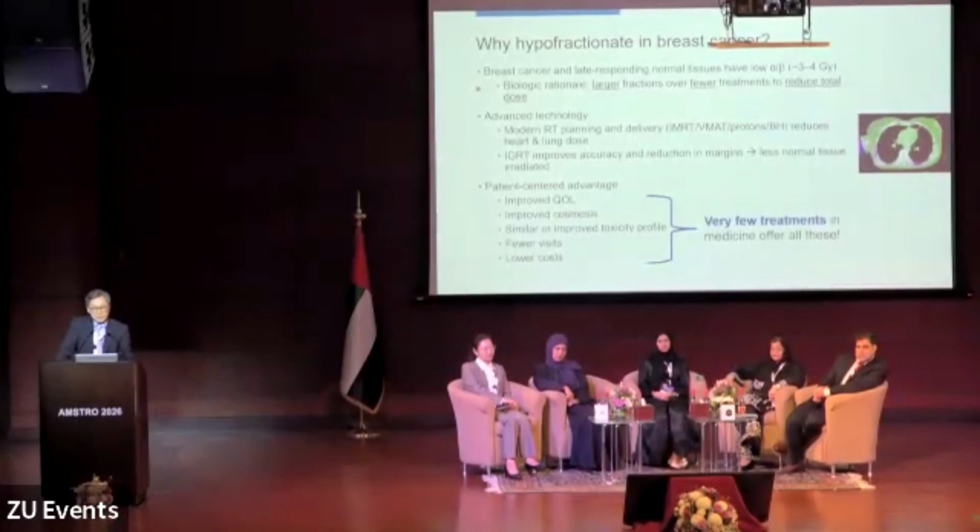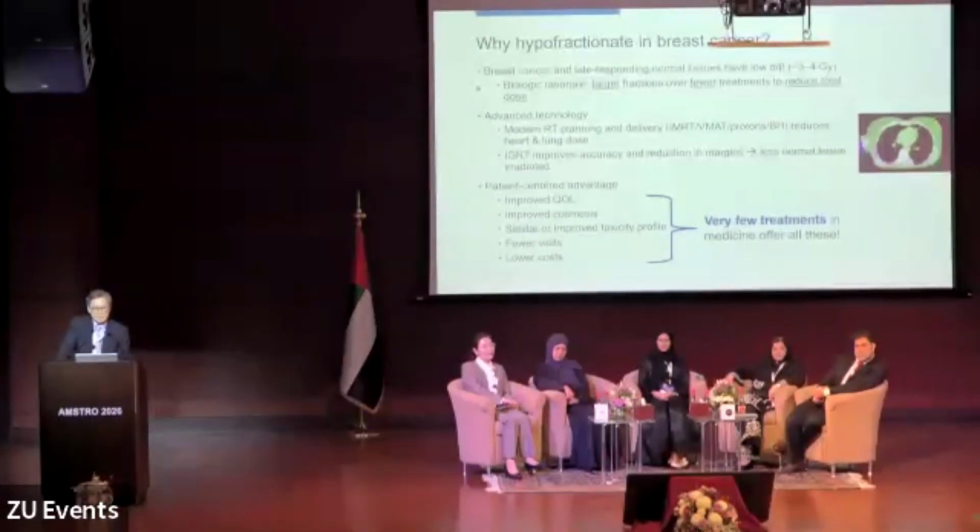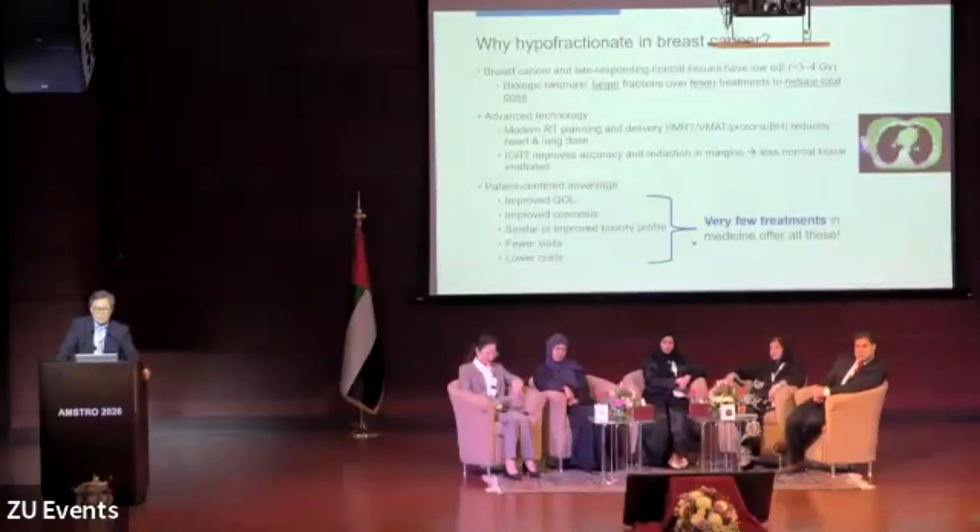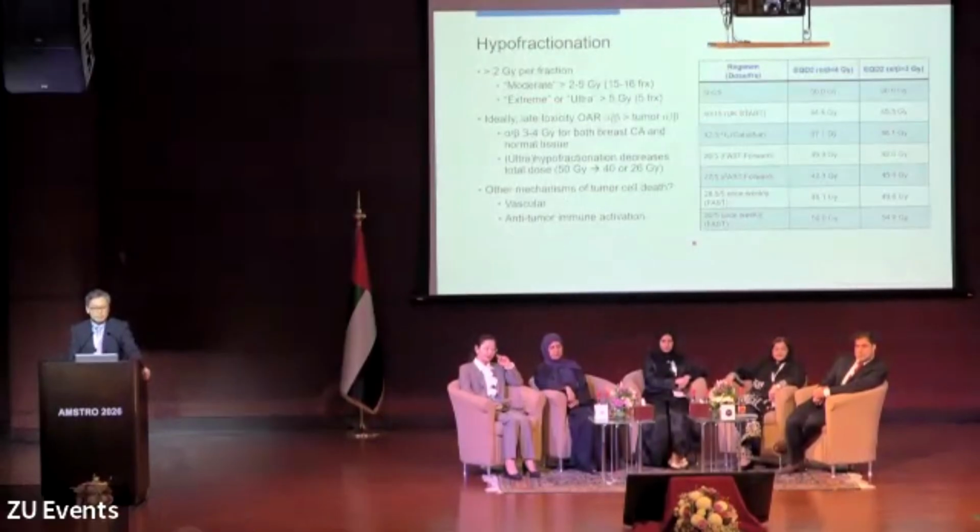And we also have advanced technology that allows us to deliver highly accurate radiation treatments using image guidance and various techniques listed there. And ultimately, it's a patient-centered advantage, improving quality of life, as you will see in trials, improved cosmesis, similar or improved toxicity profile. Patients have fewer visits and lower costs. Very few treatments in medicine offer all these qualities.